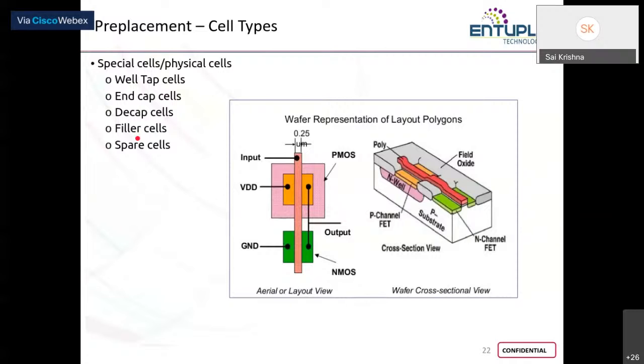To fill them, we use these filler cells. That way, you'll have poly continuity and the fabrication becomes easy. And the last one is spare cells. Spare cells are nothing but unit cells, like NOR, which can be used as a backup. That means if any of your cells is damaged or anything as such, you can use your spare cells.